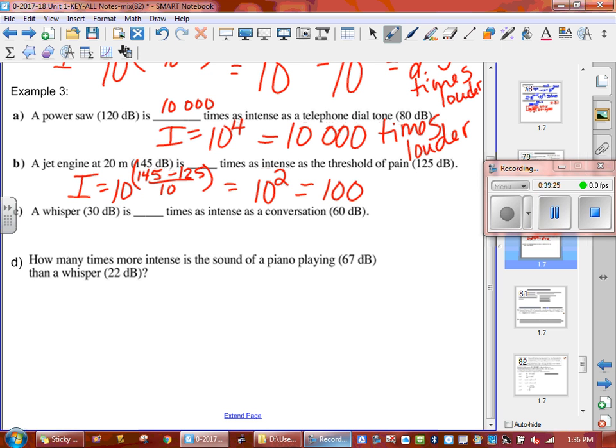And 30 decibels is how much less than a conversation at 60 decibels. So we've got 10 to the 30 minus 60 all divided by 10. That's the exponent.